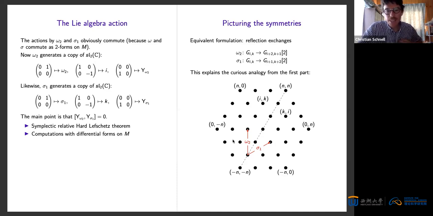It would be very nice if they didn't just both satisfy Hard-Lefschetz, but if the reflection in this diagonal actually exchanged Hard-Lefschetz for omega with Hard-Lefschetz for sigma. When I flip in this diagonal, this red arrow becomes literally that other red arrow. That would really explain one Hard-Lefschetz in terms of the other. Under the symmetry, Hard-Lefschetz for omega really goes to Hard-Lefschetz for sigma and vice versa.